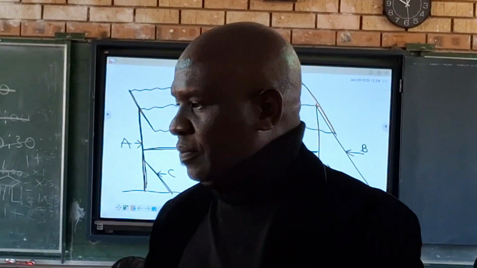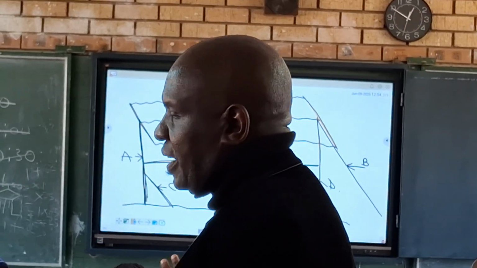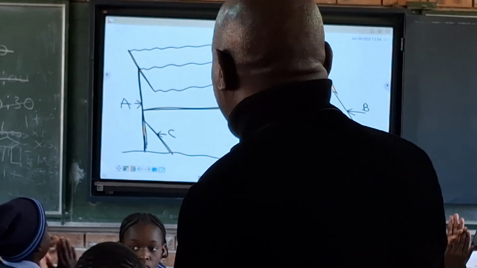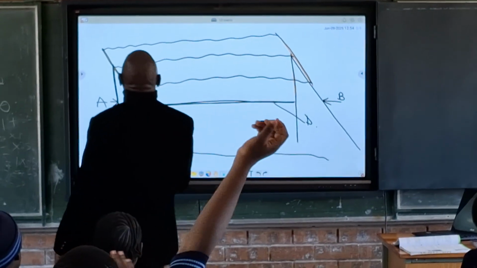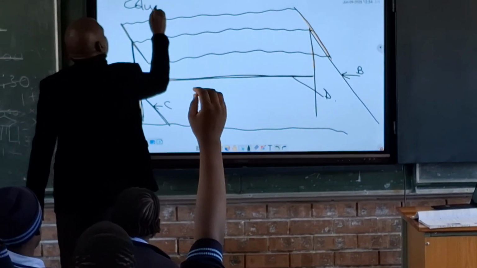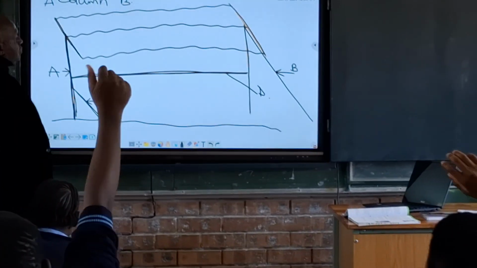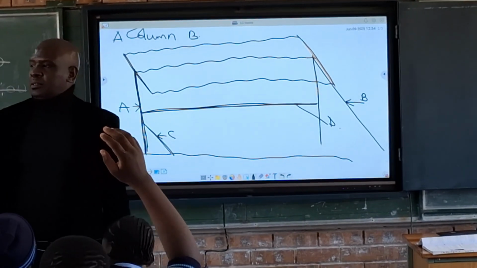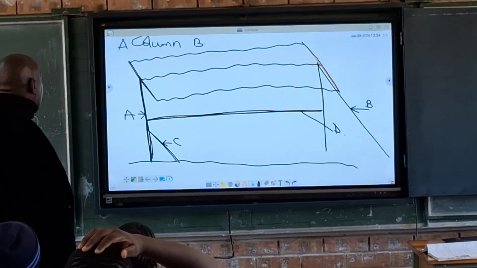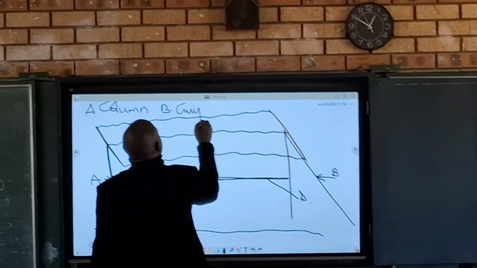Number A is a column. Is she right? Yes. Can we clap hands for her? Number A is a column. Then B. B is a guy or stay.